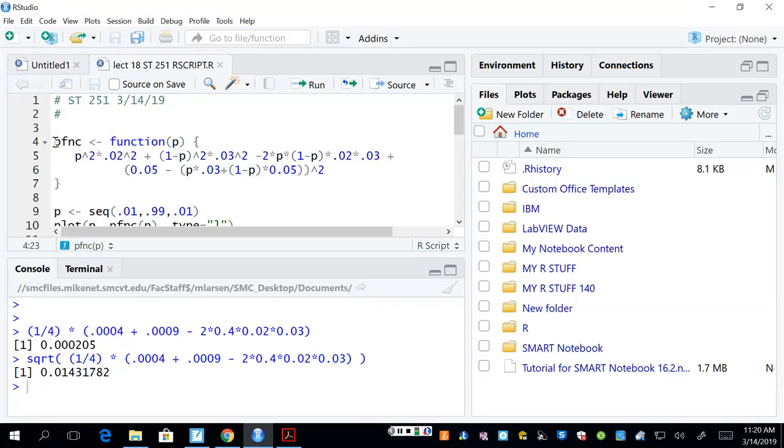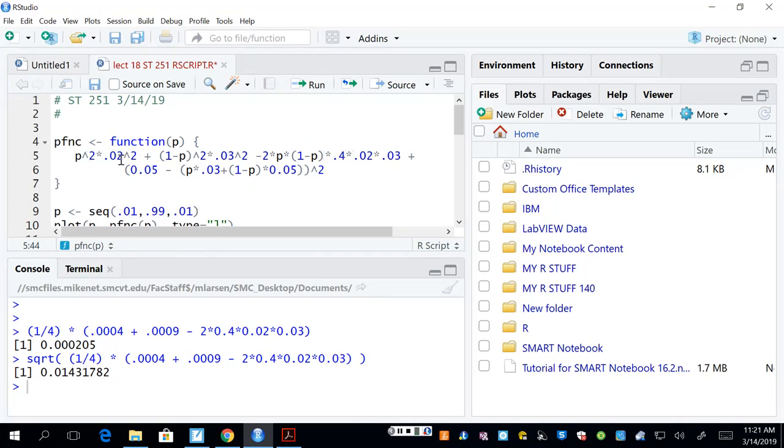I'm going to call my function p_fnc, for function. The difference from 0.05 squared is there, 0.05 minus the weighted average squared. And the variance is something like this, but I forgot the covariance when I put it in. There's 0.4 that should be there.